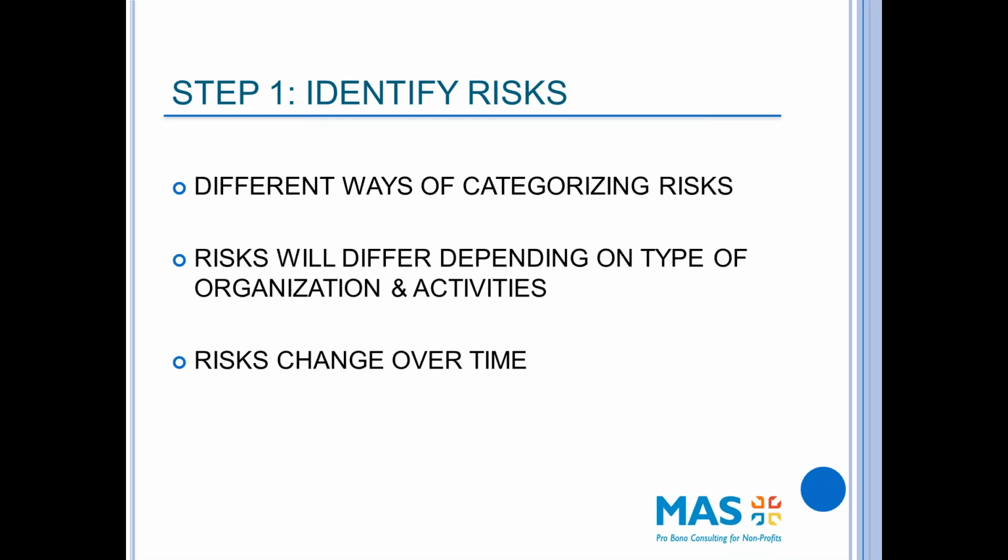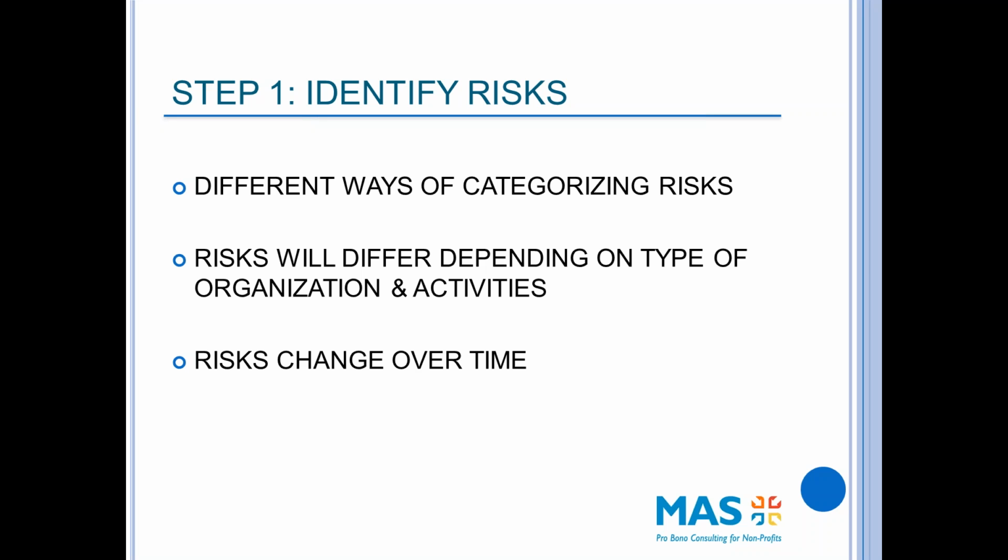So when we talk about identifying risks, it's easier to think about it if we think about them in big buckets or categories. So we're going to kind of first talk about what are the big categories of risk that organizations have, just because it's helpful in helping you identify the risks.